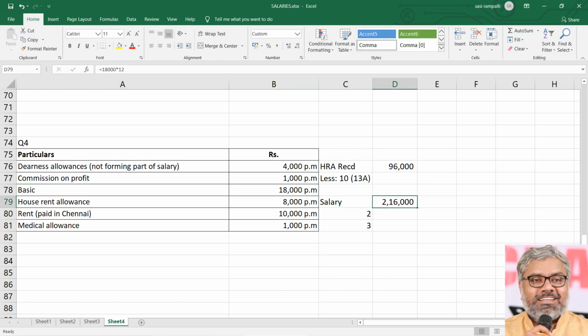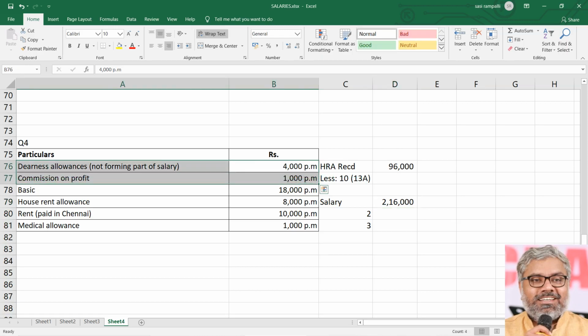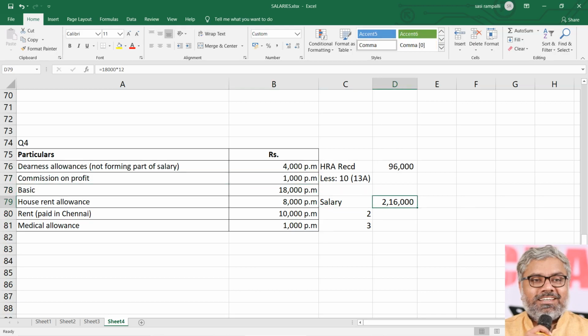Hence, we have to ignore both of these items, commission on profit and dearness allowance, which is not forming part of salary. Both should be ignored. Basic anyway has to be taken, that is coming to 2,16,000 rupees per annum. Then the second one is rent paid minus 10% of salary.